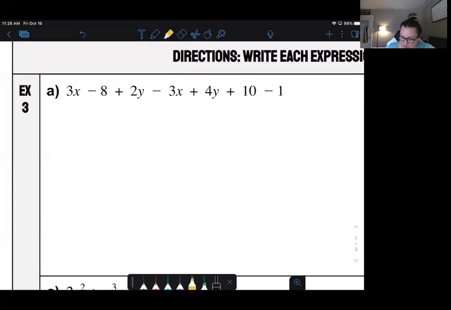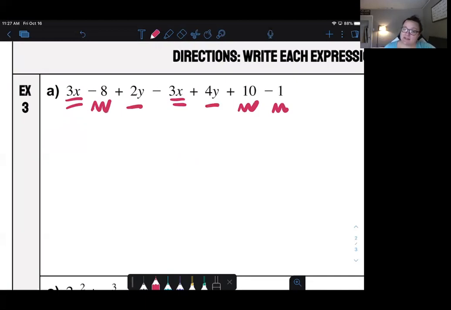So for example, this 3x is a like term with this 3x. So I'm going to underline both of them twice. Negative 8 is a like term with the other constants, which are 10 and negative 1. So I put a squiggly line underneath those. Then 2y is a like term with 4y. So I put one line underneath those.